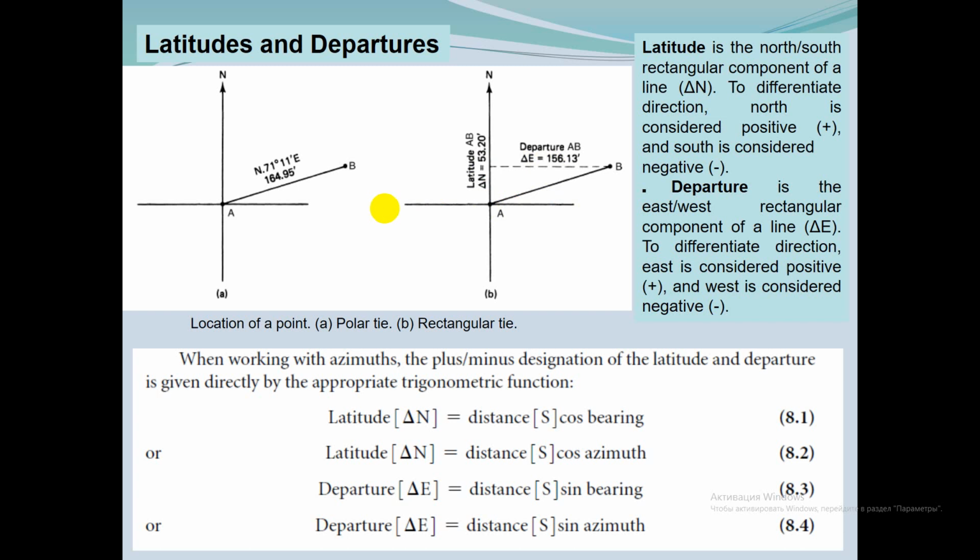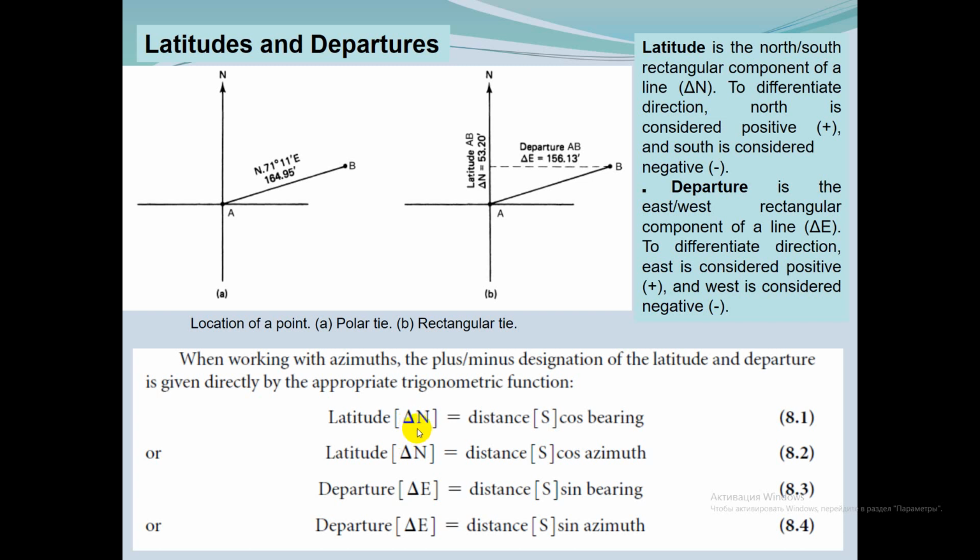When working with azimuth, the plus-minus designation of the latitude and departure is given directly by the appropriate trigonometric function.